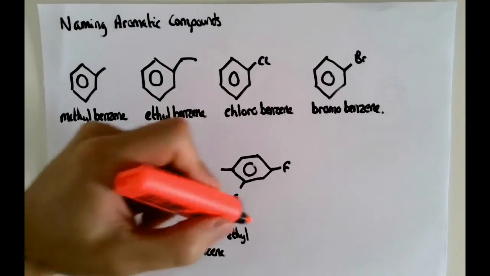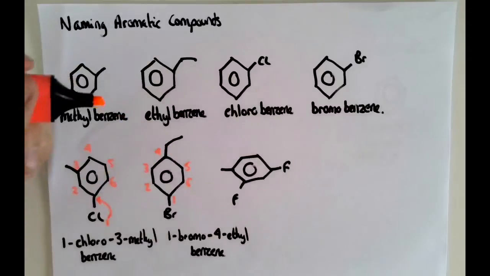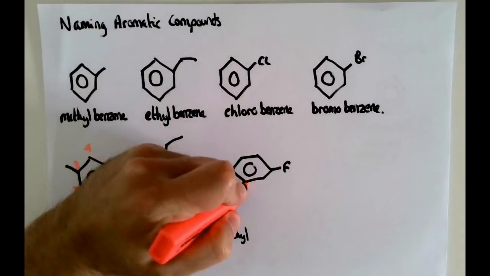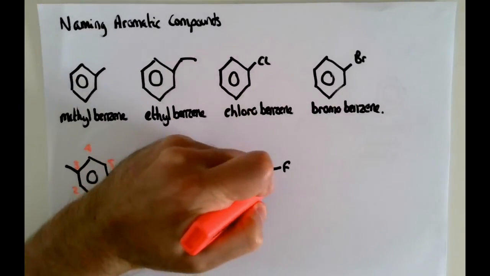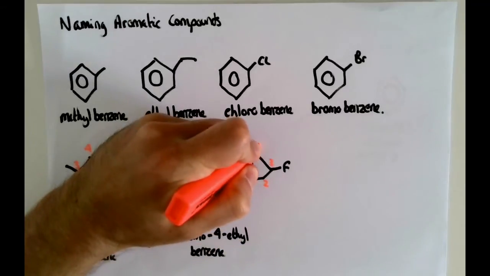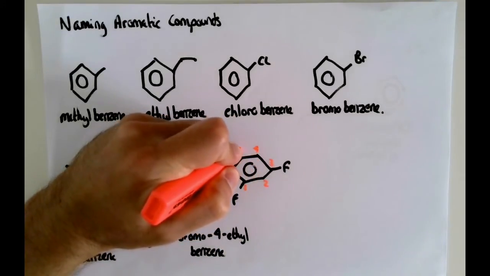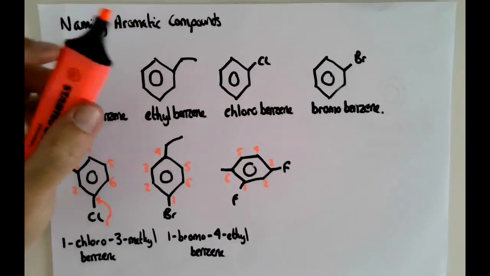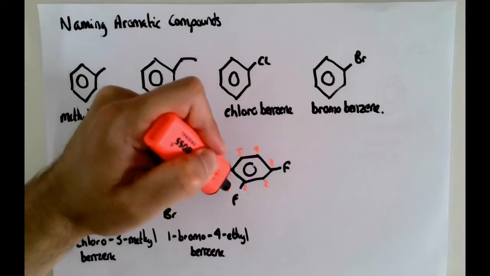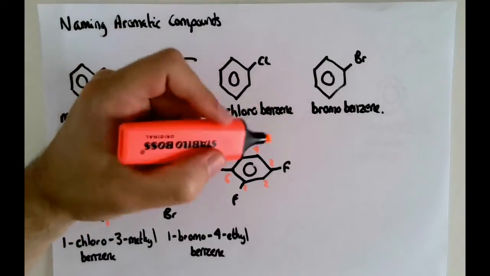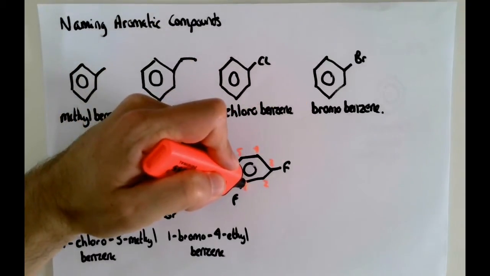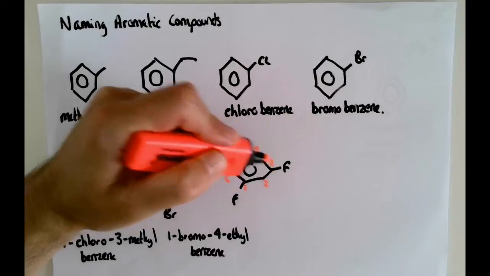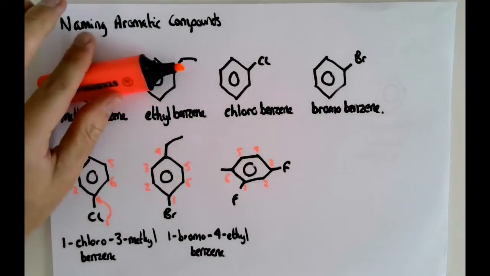Okay, and then the last one would be this one here. I would give this number 1, 2, 3, 4, 5, 6. So if I numbered it this way, you'll be able to see that the fluorines are numbers 1, 3, and then the methyl group is number 6.